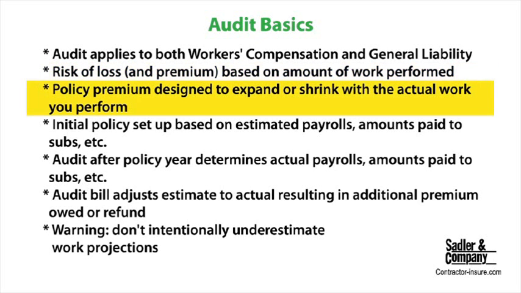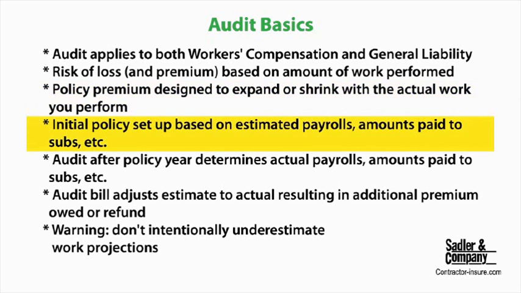Because no builder knows for sure the amount of work that he'll perform over a 12-month policy year, the work comp and general liability policy premiums were designed to expand and shrink to take into account the actual work that ended up being performed during the 12-month policy year. This way, both the insurance carrier and builder get exactly what they deserve in terms of matching the risk of loss with the premiums that are paid to offset such risk of loss.